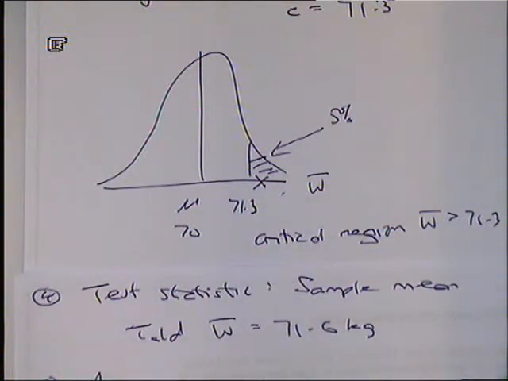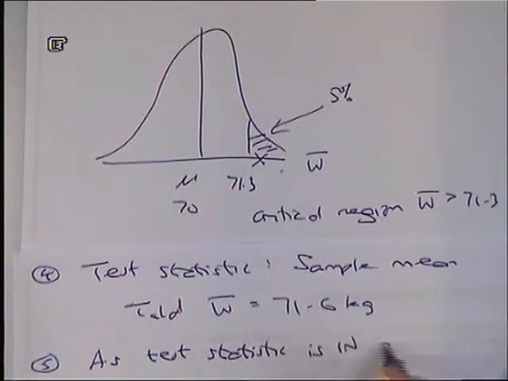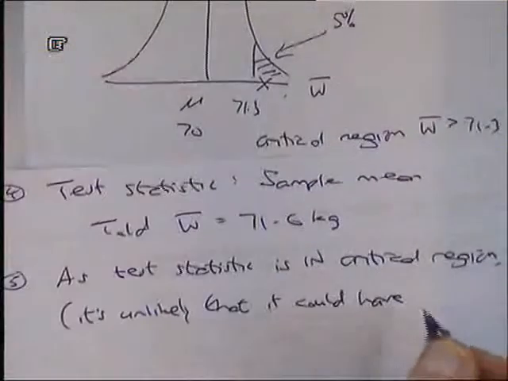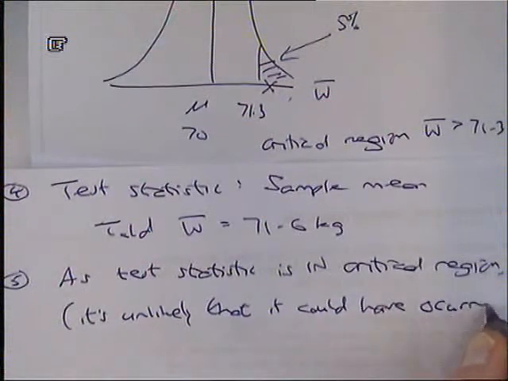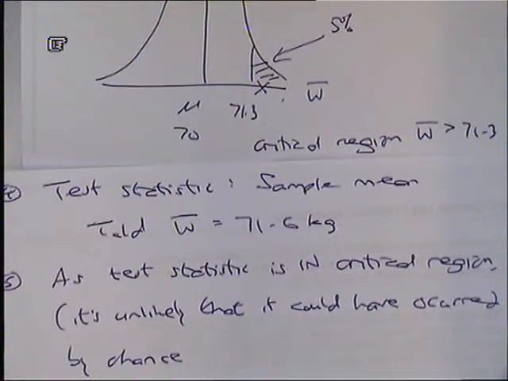So we could say, as our test statistic is in the critical region, that means it's unlikely that it could have occurred by chance. I've got to stop the video there because I've run out of time for this clip, and I'll continue in another one.